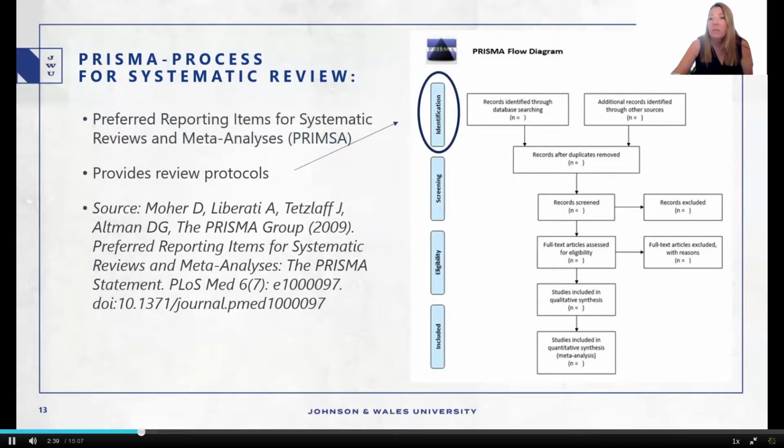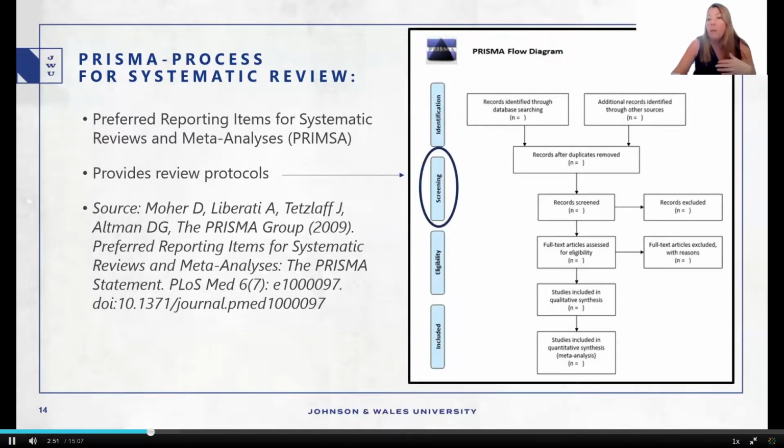It begins with identifying studies. You have to define the universe of studies for the category of research that you're reviewing, that total number of records. And then from that total number that you find, how do you screen? As you can see here, it also has steps such as making sure you remove all of the duplicates. There are so many different databases that may be relevant for studies in the social sciences or in the medical field, so what databases did you use?